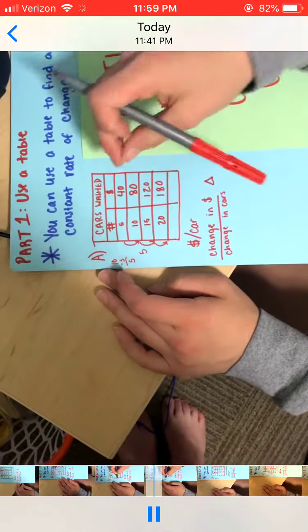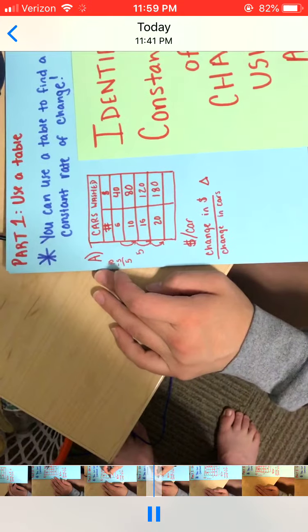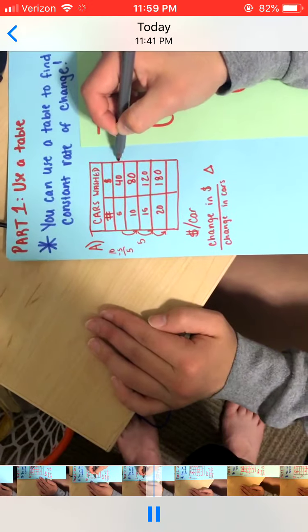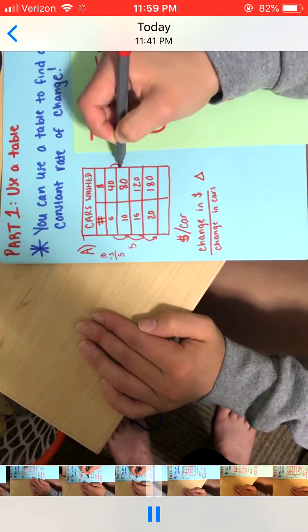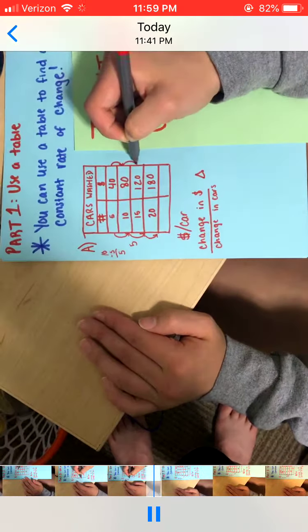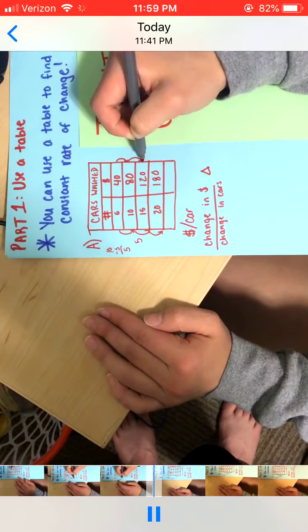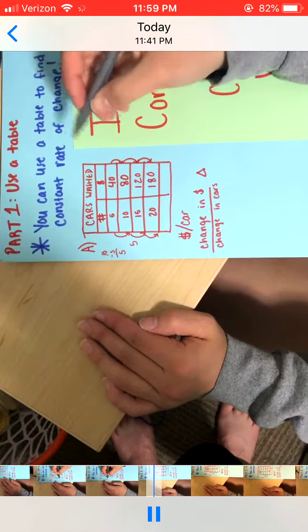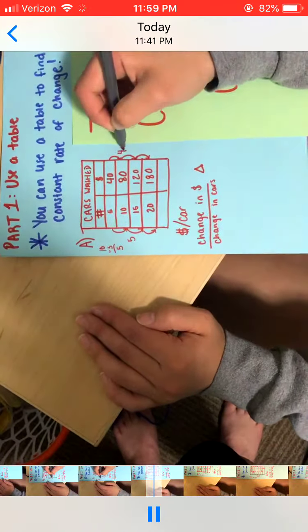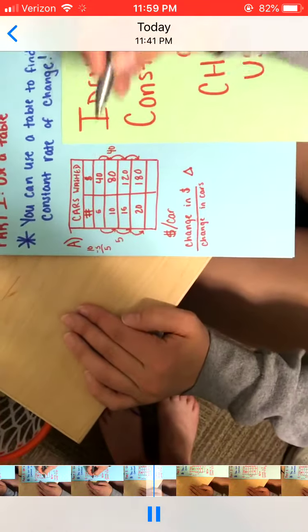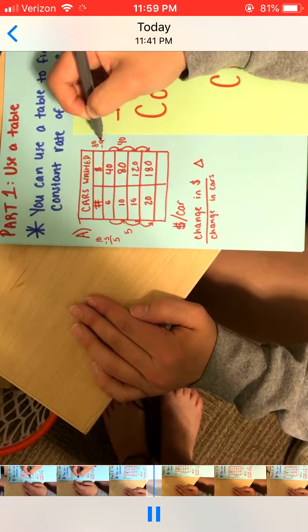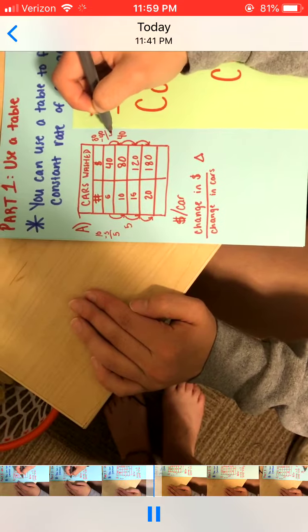Now if you go to the other side where the money is, we can do the exact same operation. 40 to 80, 80 to 120, and 120 to 180. We realize that there's a rate of change of 40. How we did that last time, we did 80 minus 40, and we got 40.